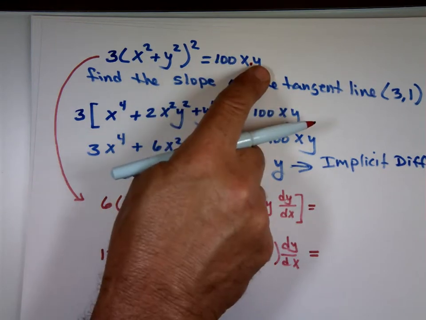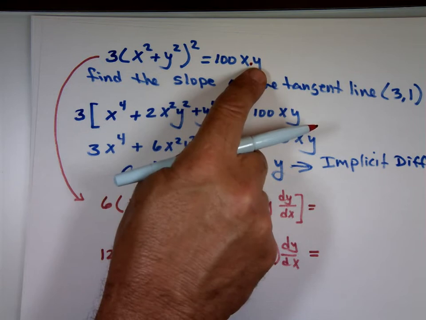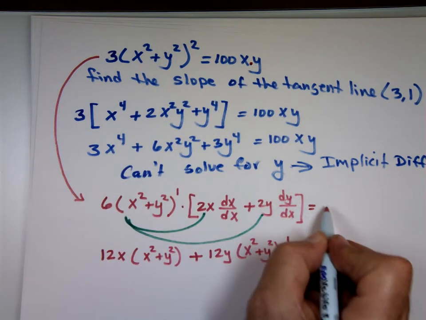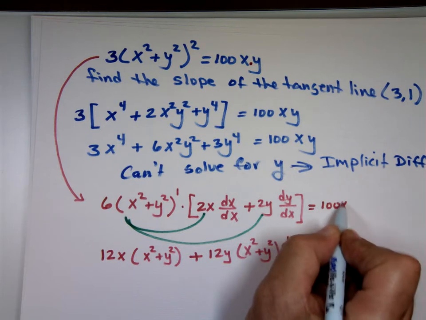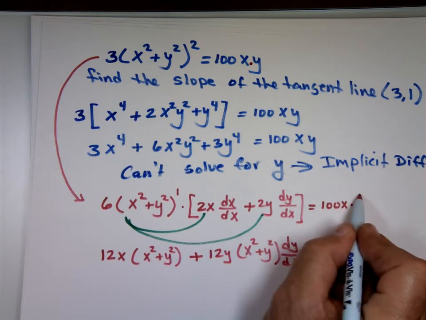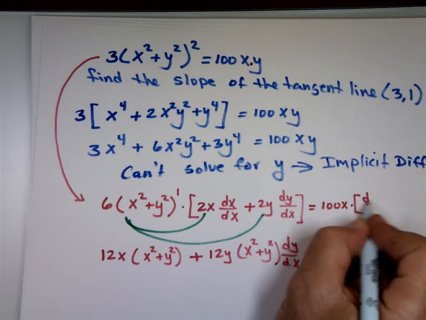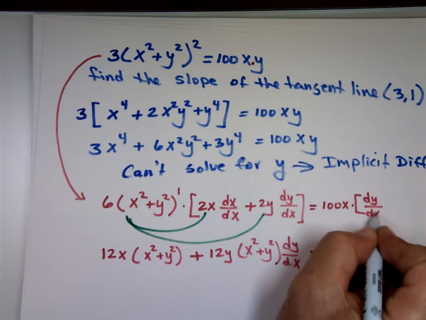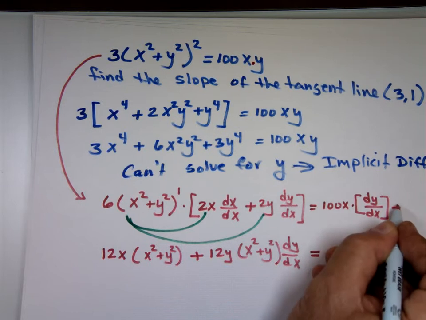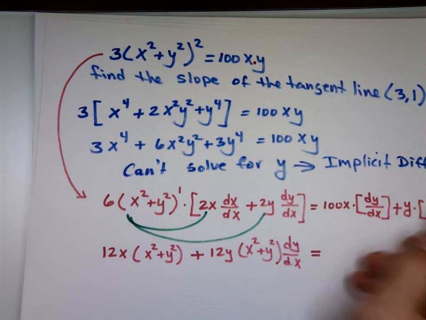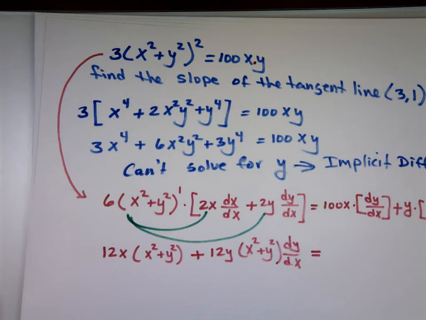So it's f times g prime. F is 100x times g prime. What's the derivative of y? dy dx. Plus g, which is y, times the derivative of 100x, which is what? 100.